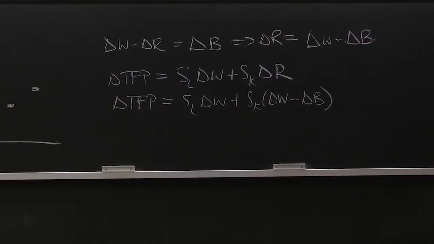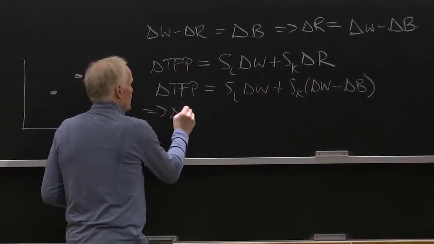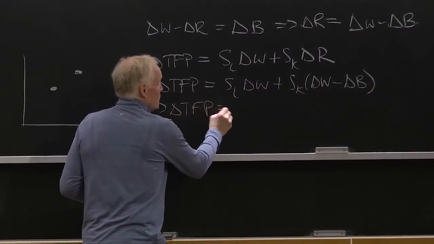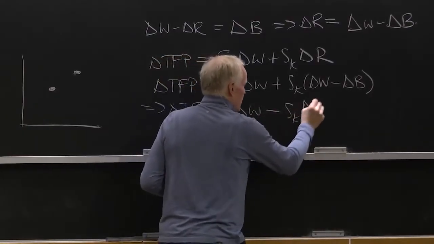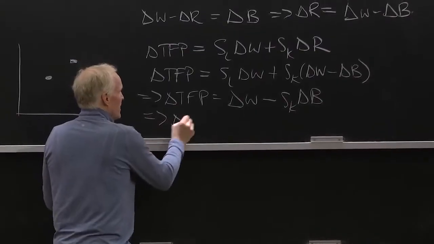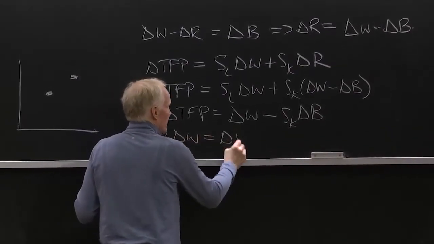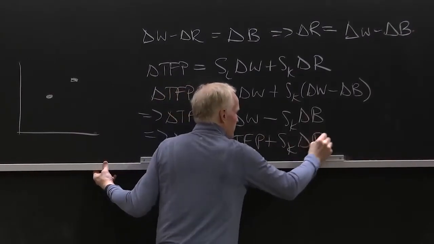You guys did that right. Which implies delta TFB equals delta W minus SK delta B, which implies delta W equals delta TFB plus SK delta B.